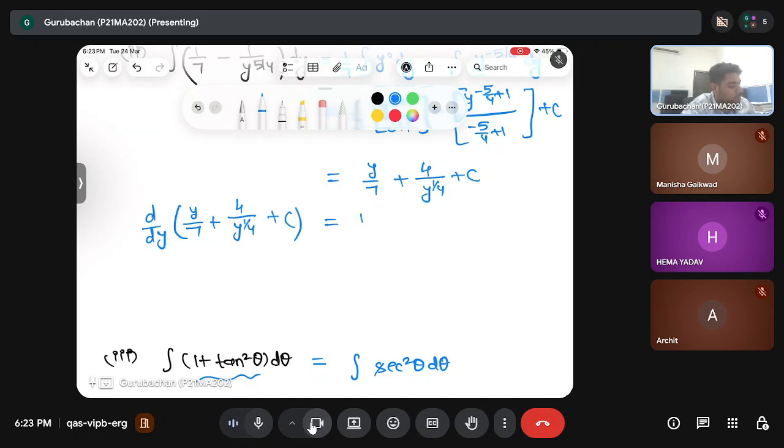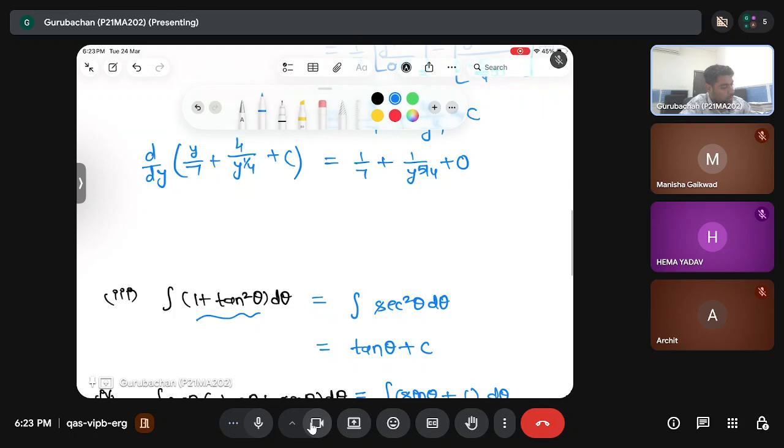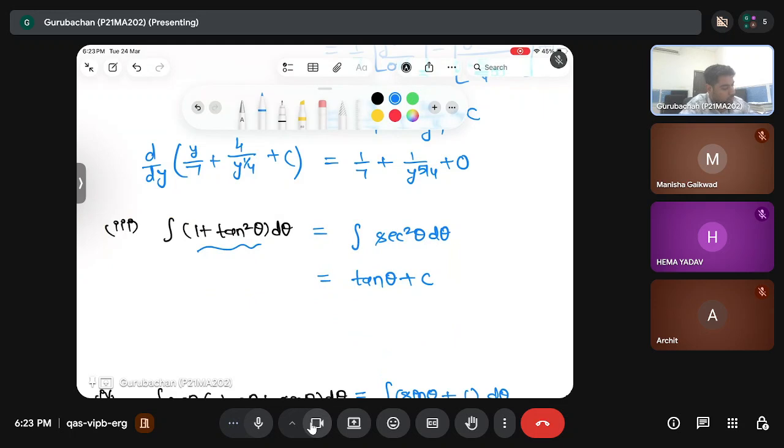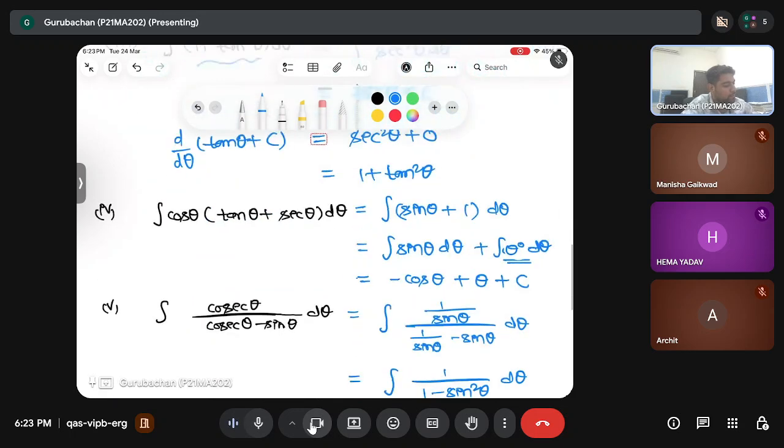The first one will be 1 by 7, 1 by 4 will come outside, so this will be 1, so it will be 5 by 4 plus 0. Now let us do this for d by d theta of tan theta plus some constant, which can be written as secant square theta plus 0, and secant square theta can be written as 1 plus tan square theta, which is same as the integrand.